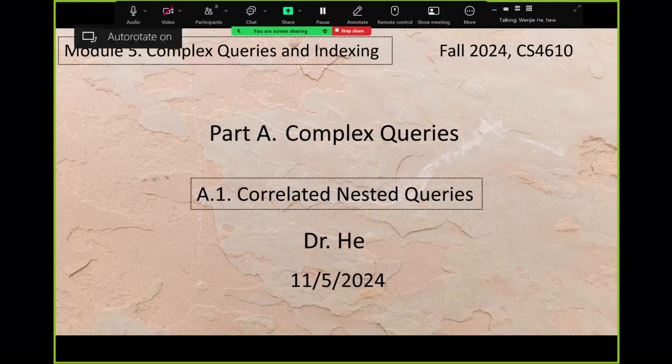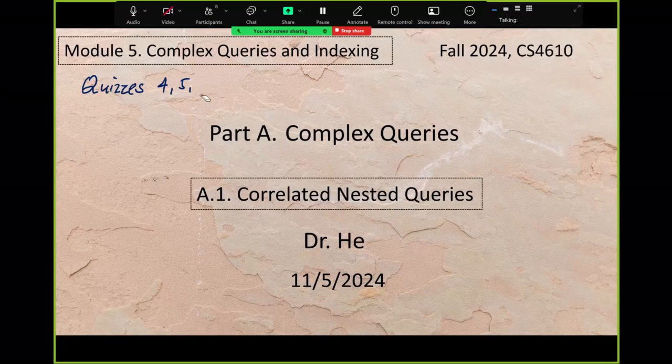Now we have 3 quizzes. The remaining assignments: quizzes 4, 5, or 6.